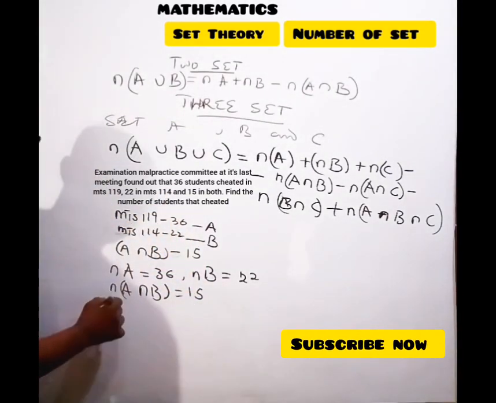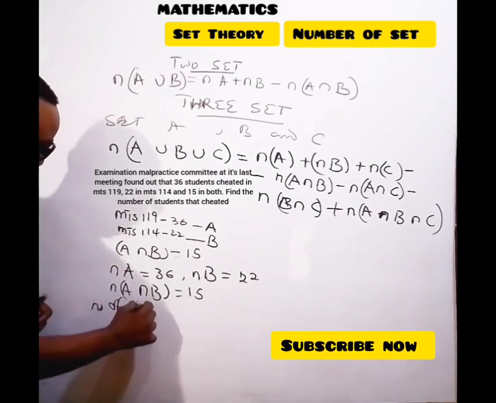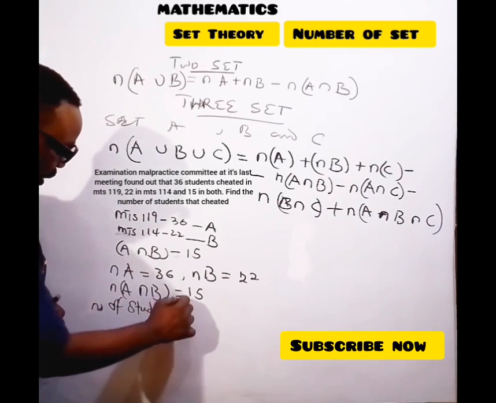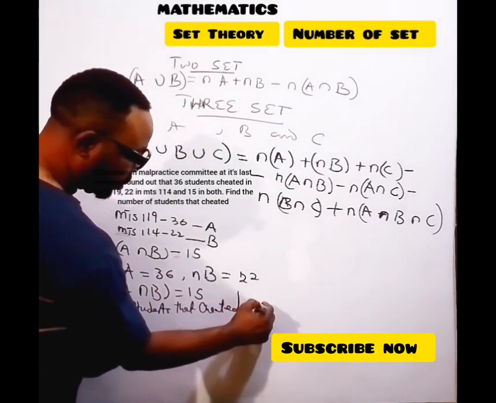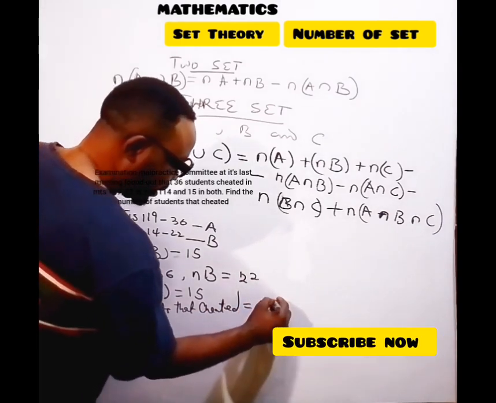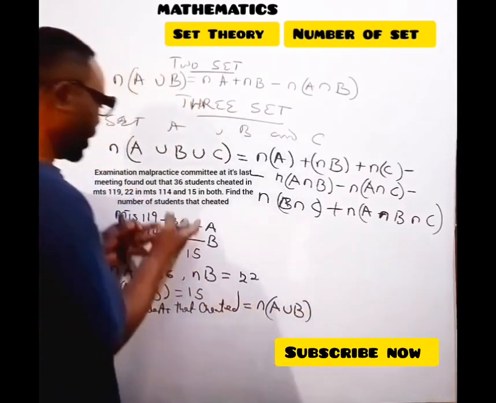For us to learn the number of students that cheated, number of students that cheated will be equal to number of A union B, because these are the cheated set of people.